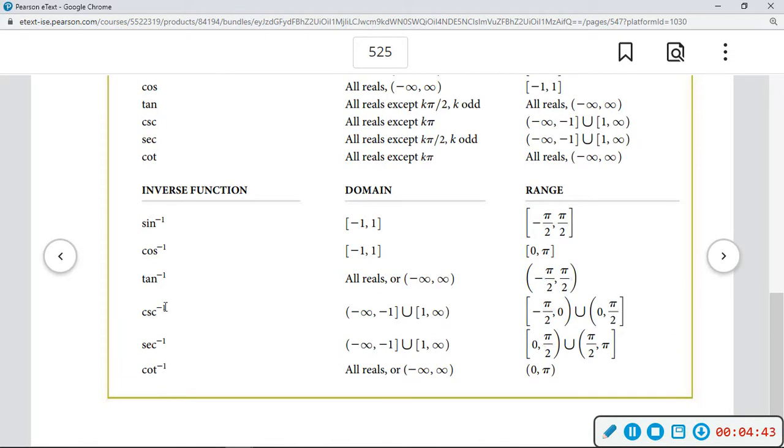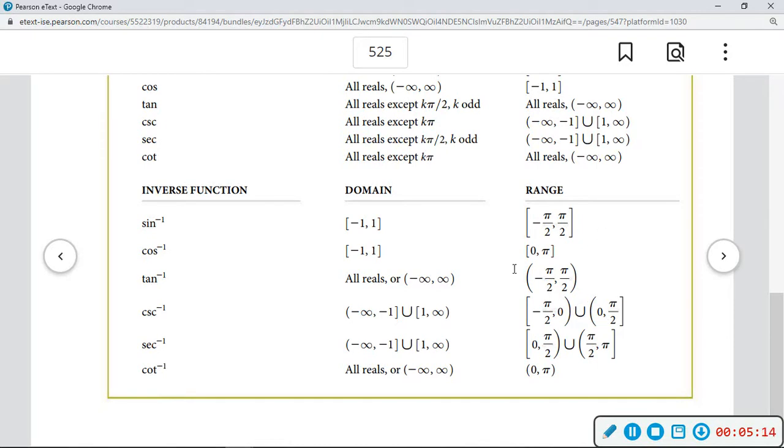Similar to sine, which restricts between negative pi over 2 and pi over 2 included, cosecant is broken up because 0 is there. Because of the reciprocal, if I get 0 and I'm doing 1 divided by 0, it's going to be undefined. So they have to take that 0 out. The restriction is still between negative pi over 2 and pi over 2, but you have to remove 0. That's why this extra piece is here.